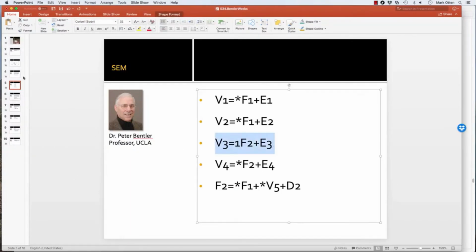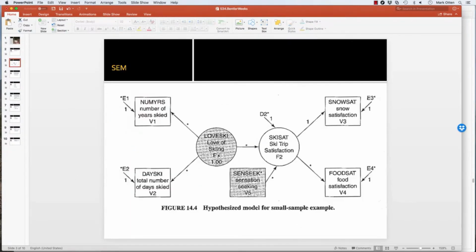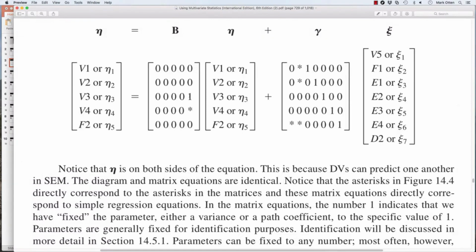Now in the diagram, it looked like this one here. The V3 F2 relationship was the one that we fixed to 1 to set the scale of the factor to match snow satisfaction and ski trip satisfaction in scale. So that 1 there is what's listed here in the beta matrix.